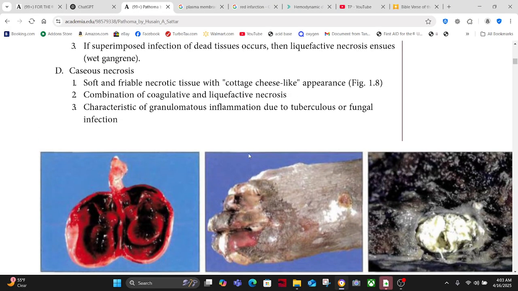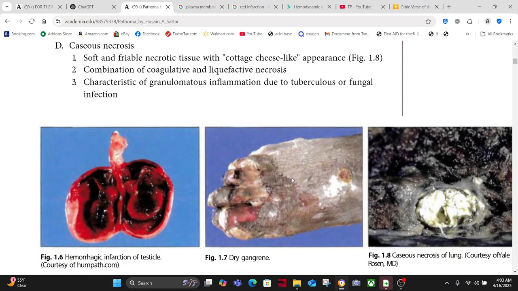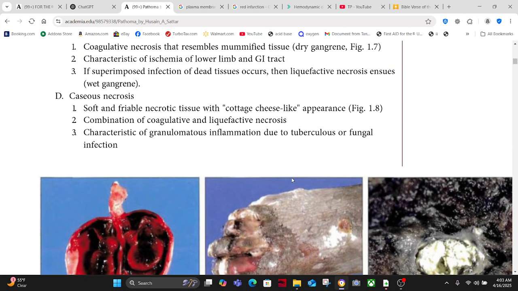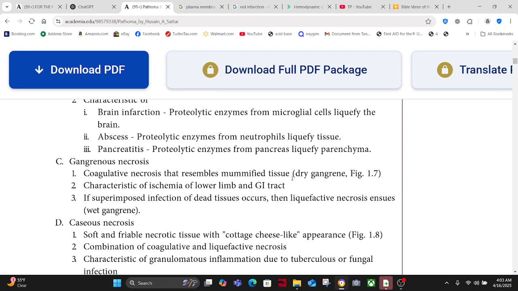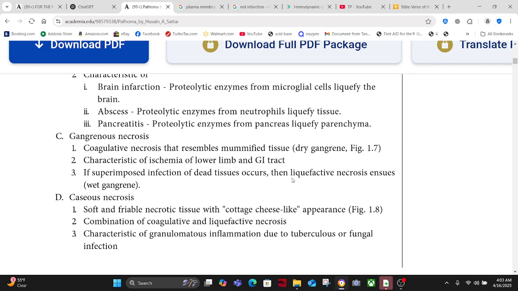So, this second picture of the mummy-like foot. That would be gangrenous necrosis, specifically dry gangrene, characteristic of ischemia of the lower limb and GI tract. If somebody has diabetes, that would be gangrene.